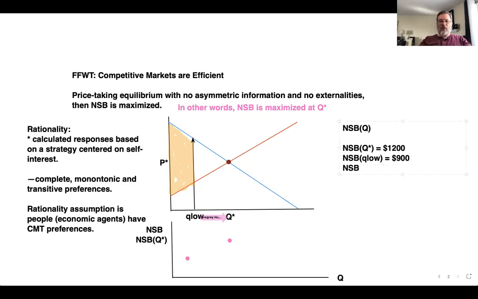So I'm going to do some Q high, and we'll just put a number there. I'm going to go ahead and put Q high, and it just means it's higher than Q star, right? So now what should I do?